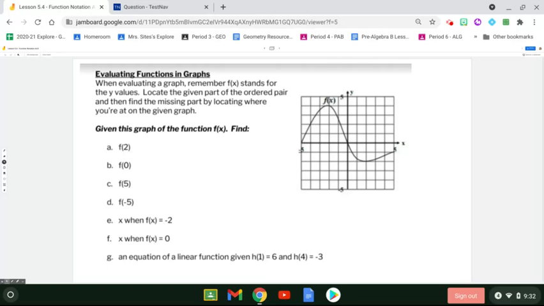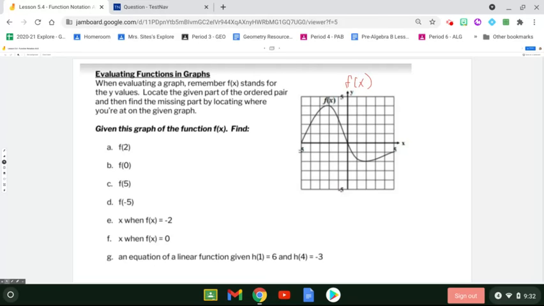Okay, so it says here that for part A, given this graph of the function f of x, find, and then it says each one of these things. Okay, so we know the y value is kind of like f of x, right? And x is still x.